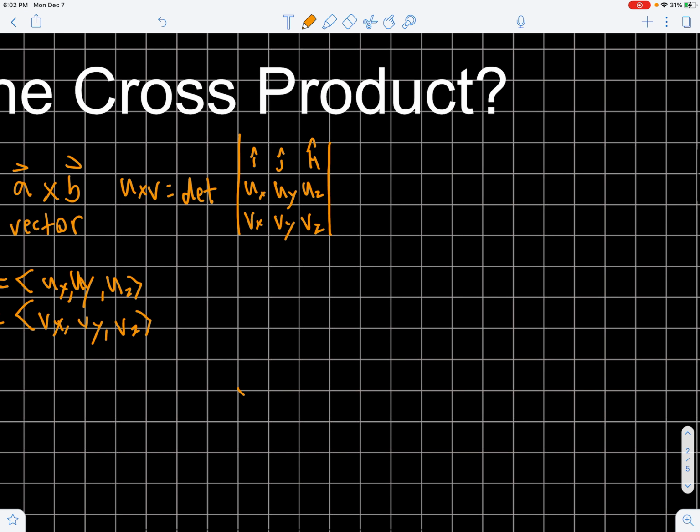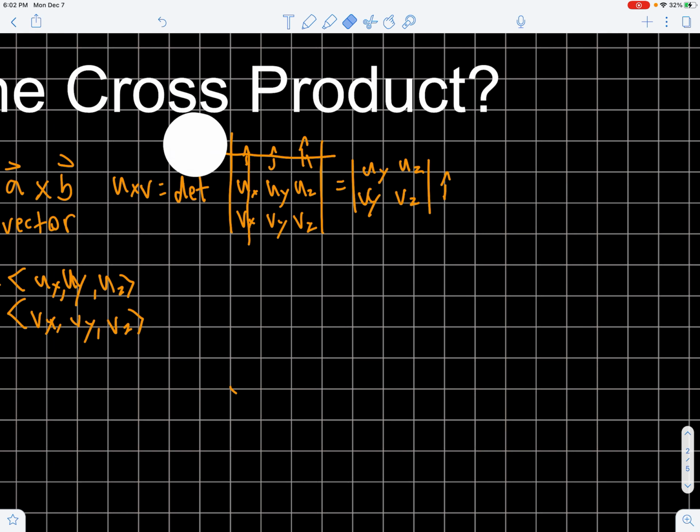Then we can break that down. This is why I said it's important that you learn ijk notation. Using the top row to break this 3 by 3 down, in that first cell we ignore the top row and the left column, and we get the determinant of uy, uz, vy, vz, times i hat.